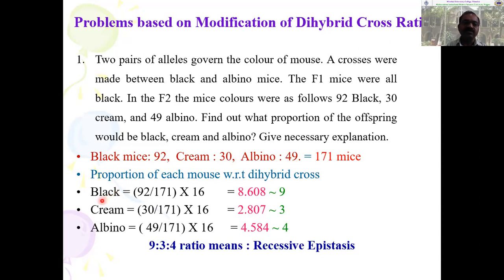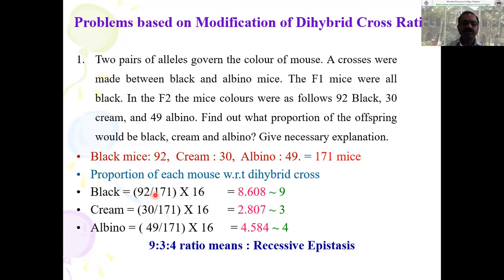Now let's talk about the black mice. There were 92 mice out of 171. That means the proportion would be 92 of 171. Now we have the 16 combinations. To find out the proportion, we first find the proportion of these black mice to the total mice, and it has to be multiplied by 16, that is, the 16 different genotypes we are expecting.